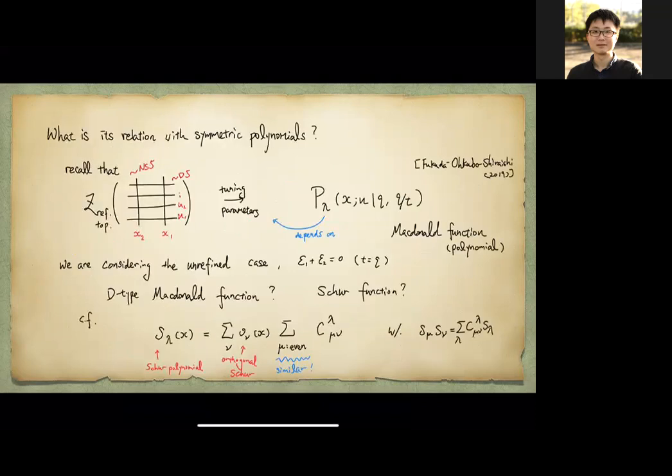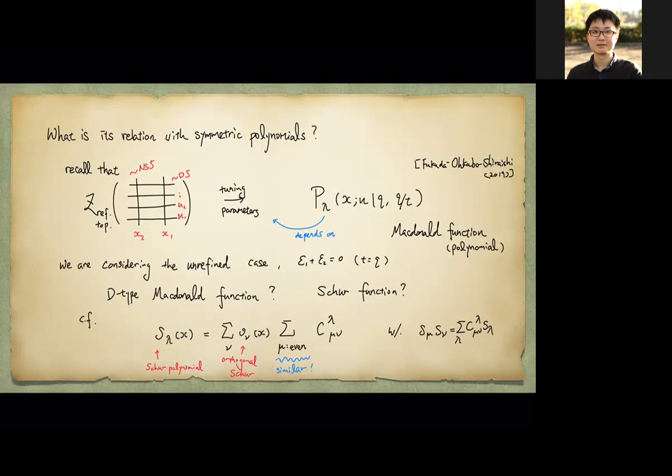Okay, so another comment for this polynomial is that it might have something to do with a symmetric polynomial. I'm not really sure at the moment.